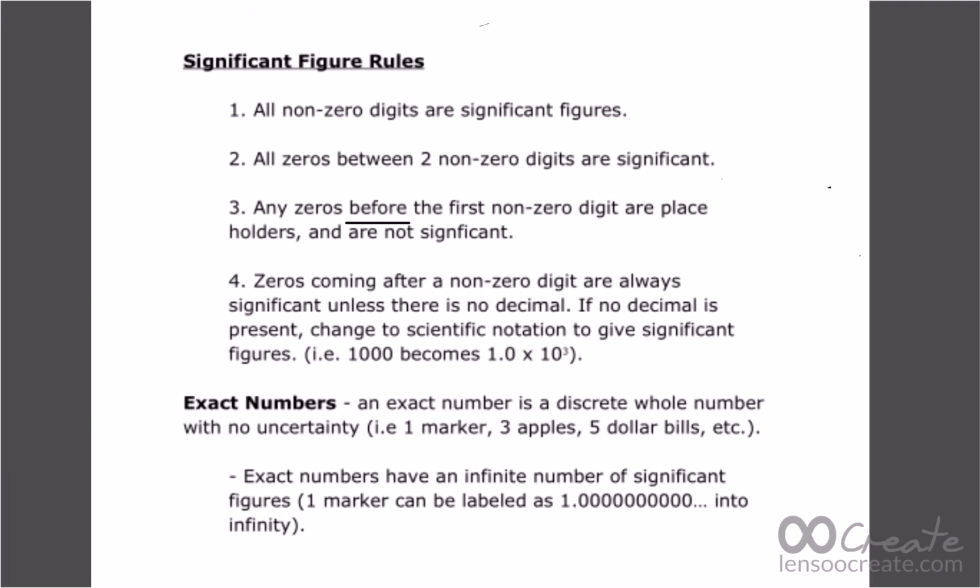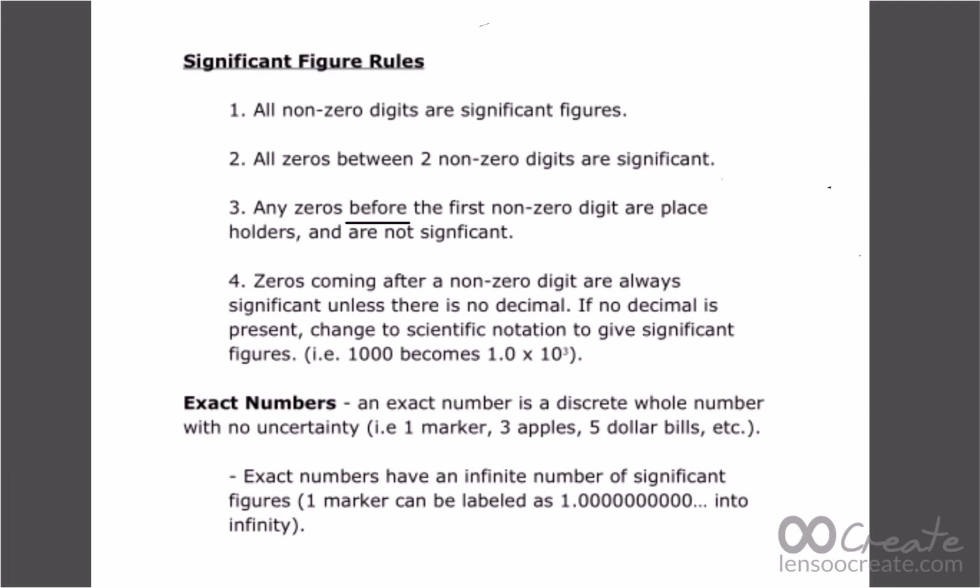But I want to finish up and talk about exact numbers. An exact number is a discrete whole number with no uncertainty. What does that mean? If something can be measured as a discrete whole number, it can't be split down or extended into more specific digits. Usually this is when we're dealing with specific items.